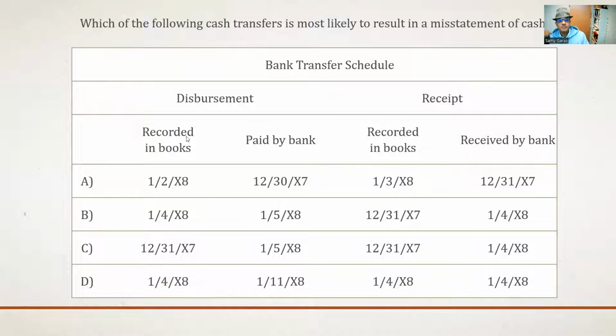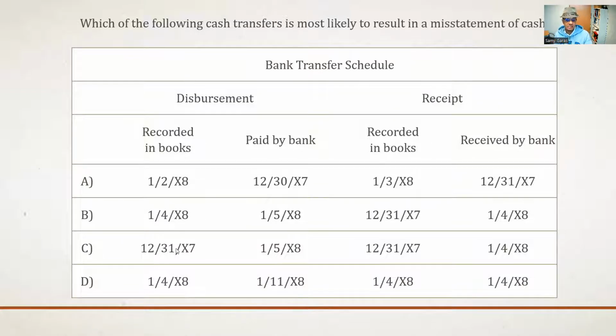The second one, the disbursement in our books was in 2008, but the receipt in our books was in 2007. So we pay in the following year and we receive in the prior year. This will make 2007 overstated and 2008 understated.